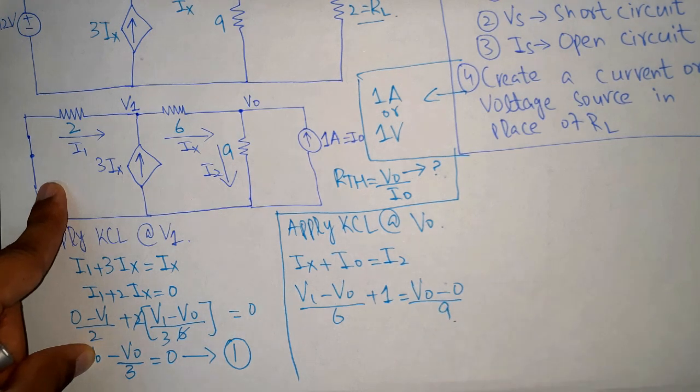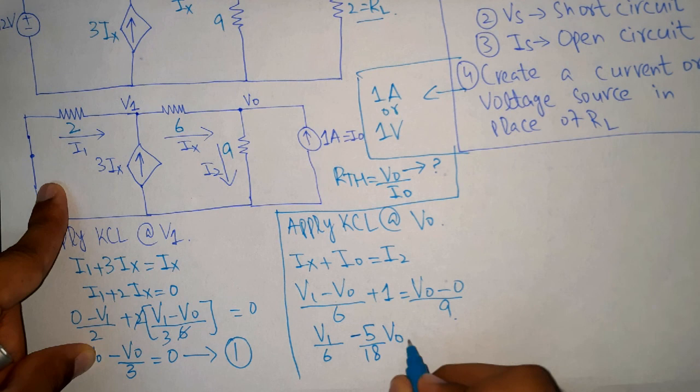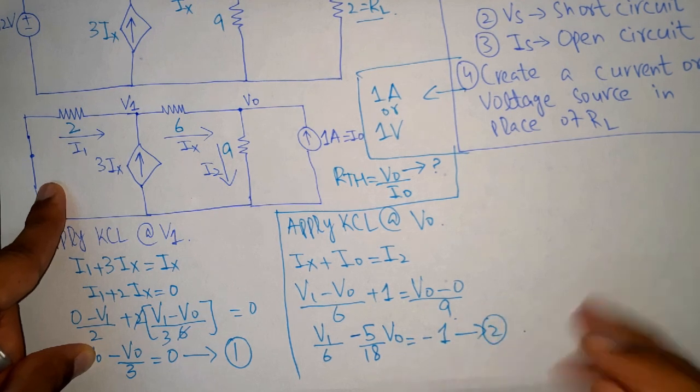So I will simplify my equation. It becomes V1 by 6 minus 5 by 18 V0 is equal to minus 1, which is our equation number 2.